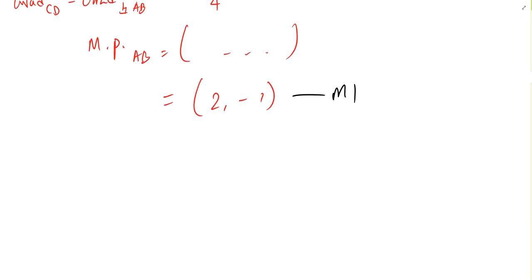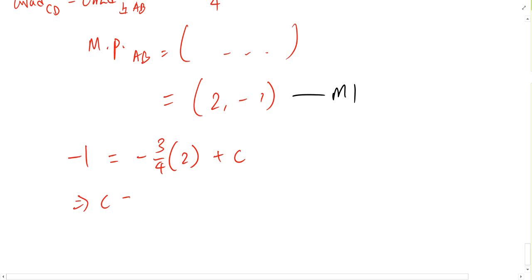So, sub, we get y equals to, negative 1 equals to m, which is negative 3 over 4 times x plus c. Therefore, c equals to half. So, CD is y equals to negative 3 over 4 x plus half. That's our answer mark.